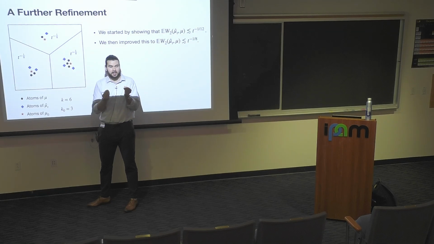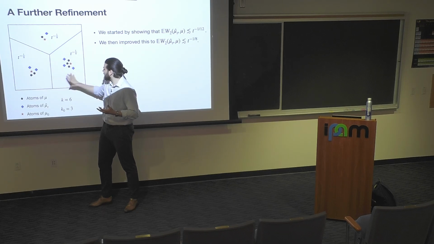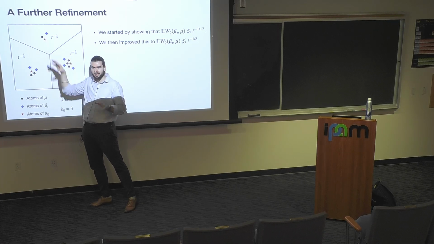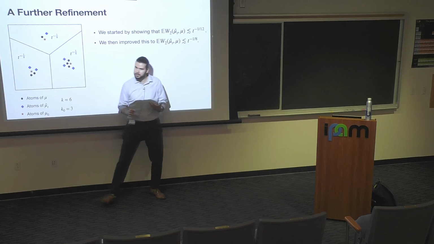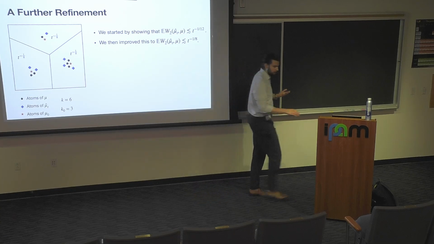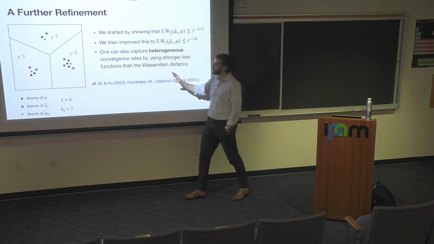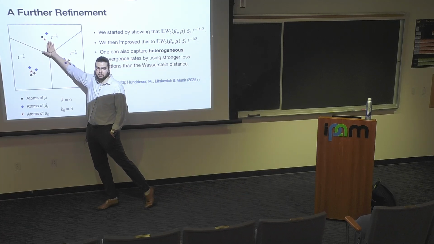But this is something that cannot be captured by the Wasserstein distance. The Wasserstein distance tells you that the entire measure in blue approaches the measure in black at some rate of convergence. It implies each of these rates within the subsets of the measures. It cannot give you a heterogeneous rate of convergence across this picture, but it turns out that you can obtain this. So what we actually show, we derive a stronger loss function under which you can show the following heterogeneous rates of convergence: here you actually get the parametric rate.